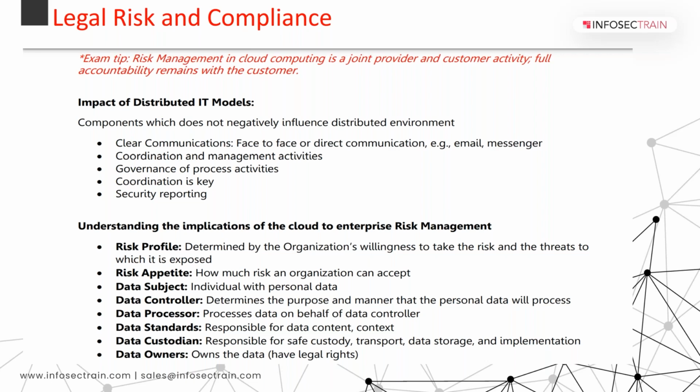In cloud, we are using distributed IT. So what is distributed IT? Distributed IT is that your IT components are distributed, like you have your on-premise existence, you have your cloud existence, and in cloud also your services are dispersed across maybe different availability zones.